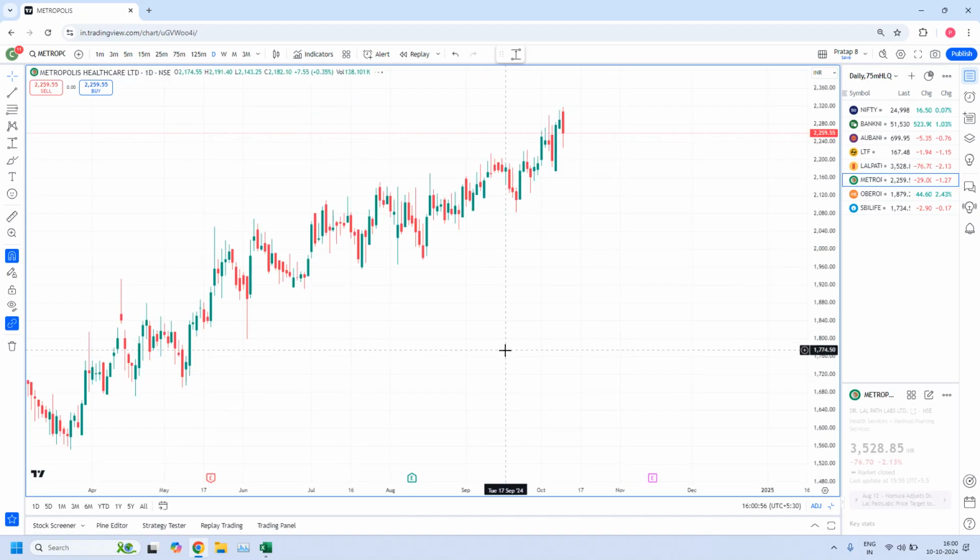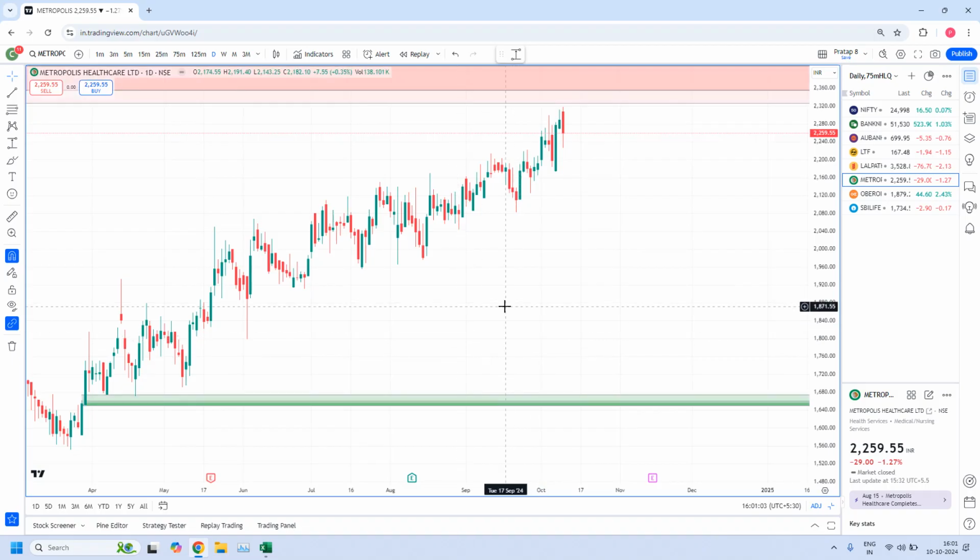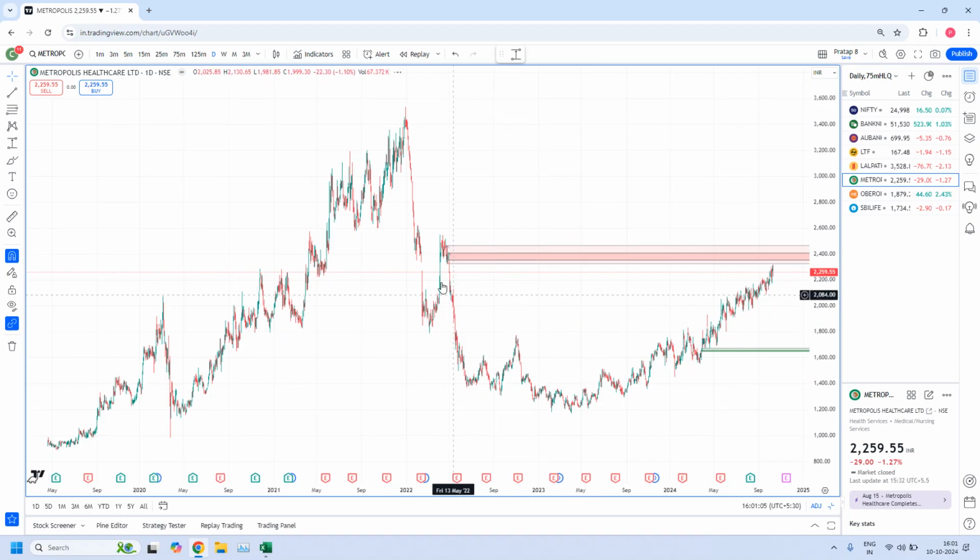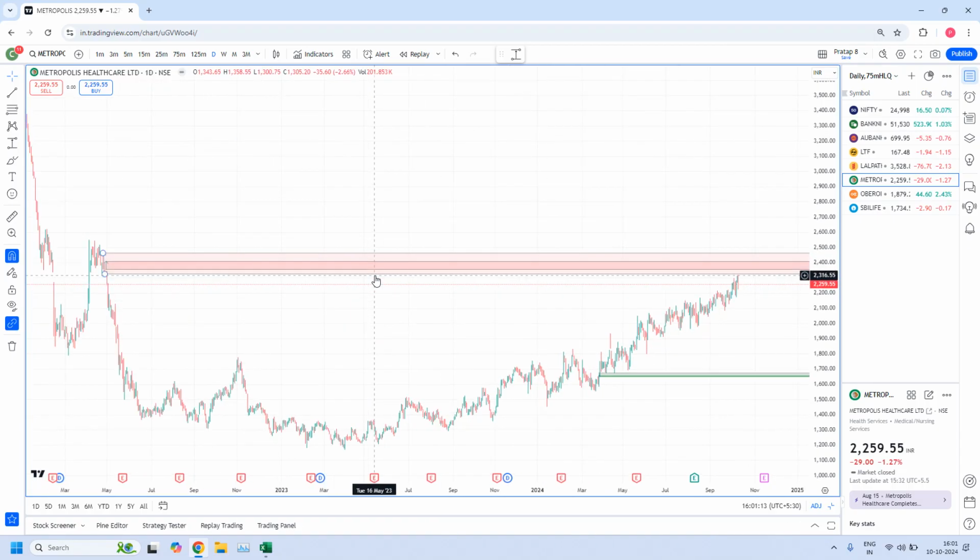And next one is Metropolis. This is also a daily high liquidity supply zone, and this zone was also created in the year 2022. Here also the zone was fine-tuned only up to the 75 minute time frame.